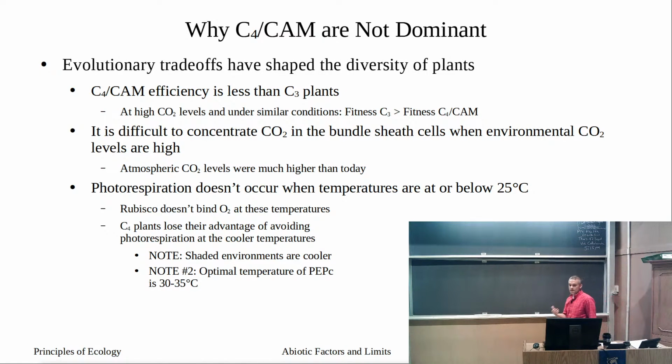PEP-C, phosphoenol pyruvate carboxylase, catalyzes that reaction. So we fix our carbon into a 4-carbon molecule, get it into malate, and then malate is our transport. That malate's going to move the CO2 into our bundle sheath cells, where it then releases the CO2 right to Rubisco, so our concentration at Rubisco is always going to be high.